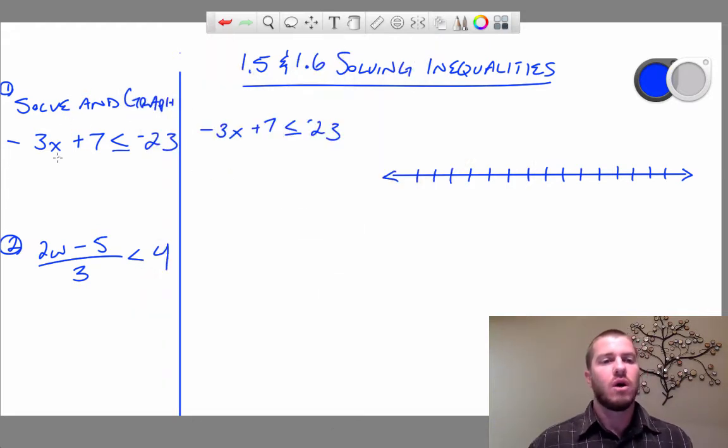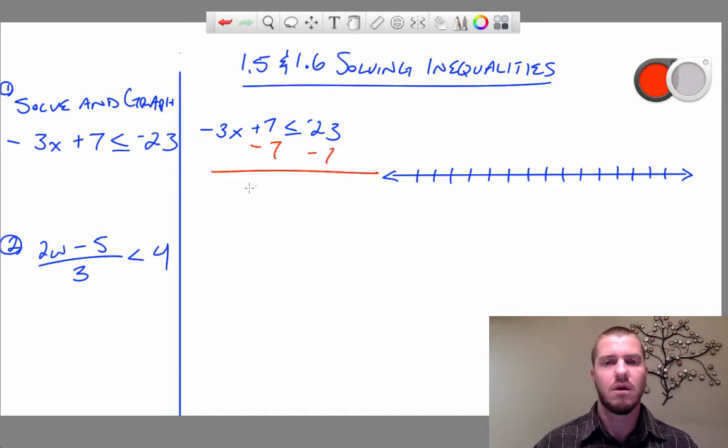So for this first one, we're going to solve and graph. Negative 3x plus 7 is less than or equal to negative 23. So I'm going to subtract 7. Just because I'm subtracting 7, I'm not changing the inequality there. And I have negative 3x is less than or equal to negative 30.